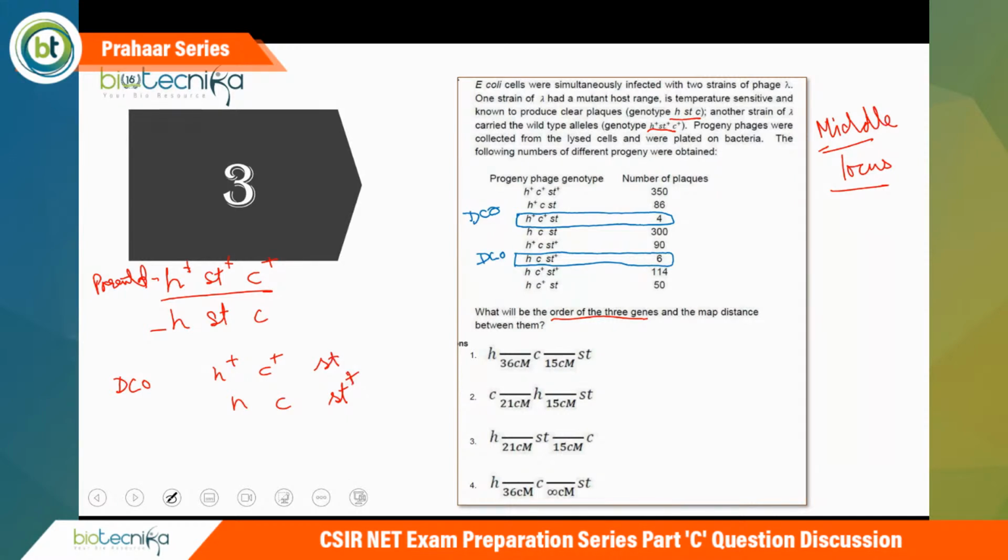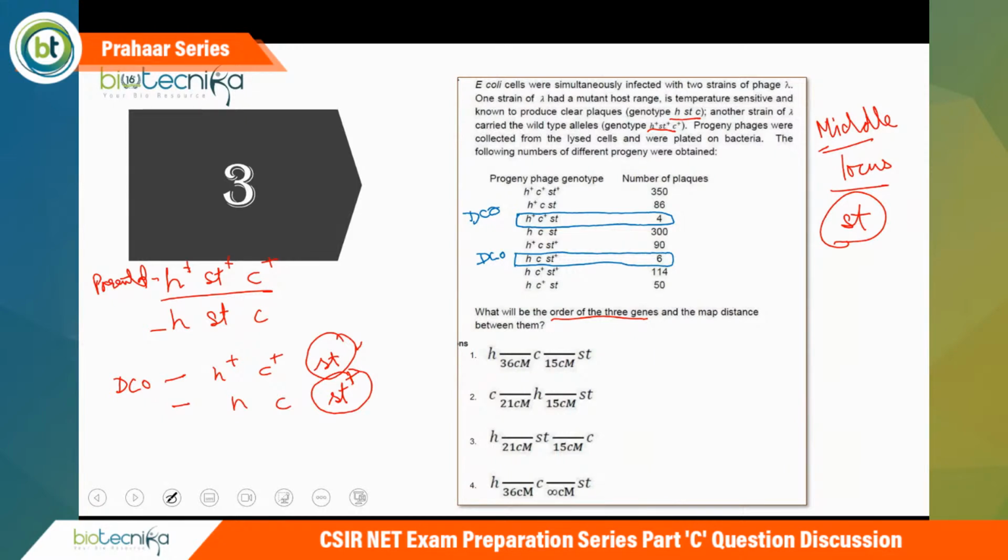When you compare the double crossovers with the parental, ST is the gene whose combination has changed. That means ST is our middle gene. So we have found our middle gene, which is ST.